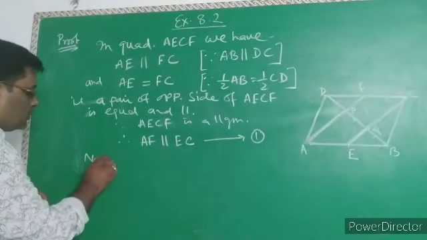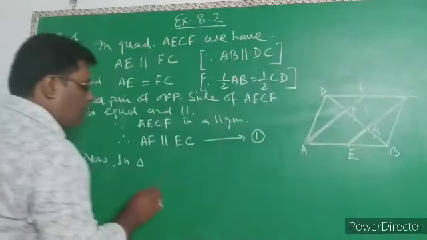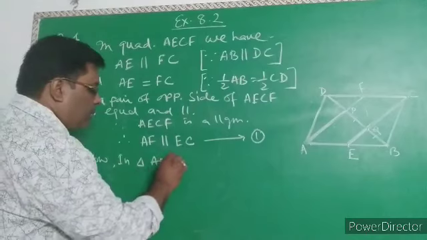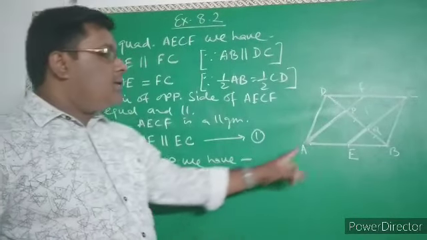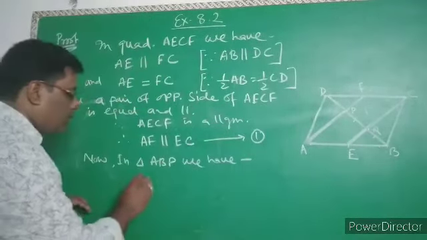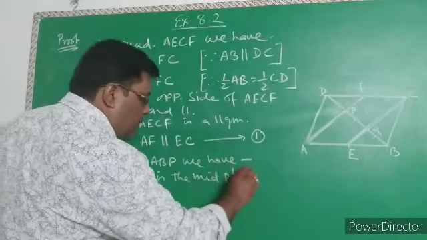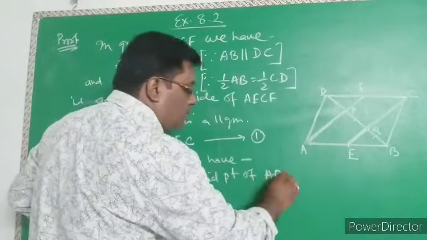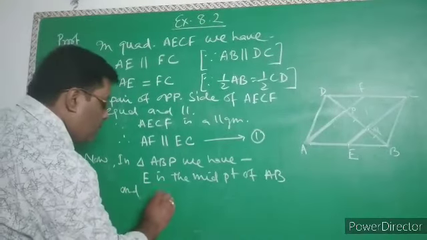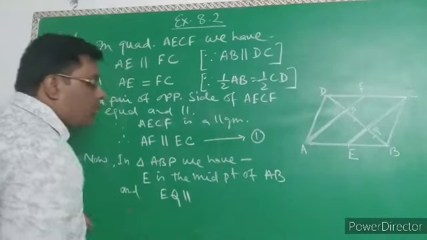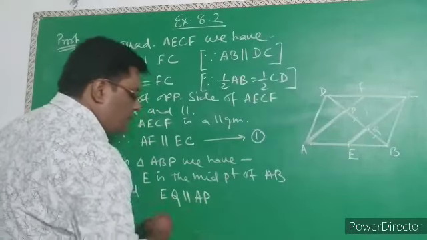Now, in triangle ABP we have, in this triangle, E is the midpoint of AB, and EQ is parallel to AP.